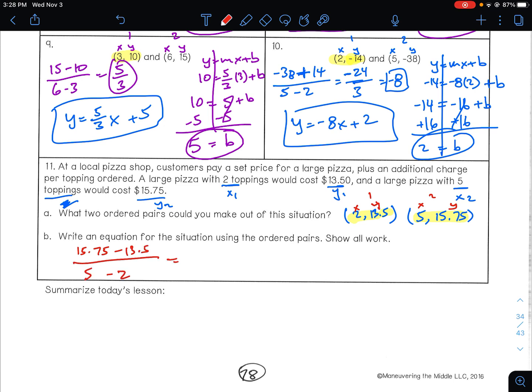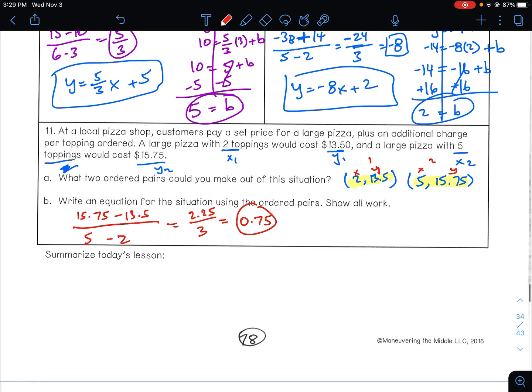So 15.75 minus 13.5 equals 2.25. 5 minus 2 is 3. If I divide that, which I will, just to get a simpler number, I get 0.75. So that's my slope.